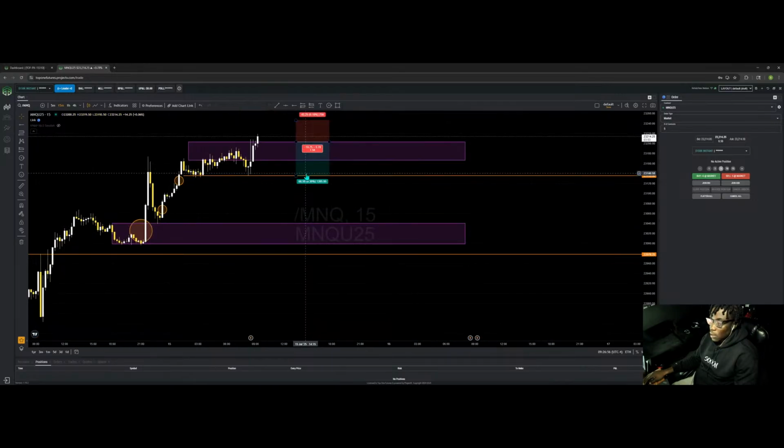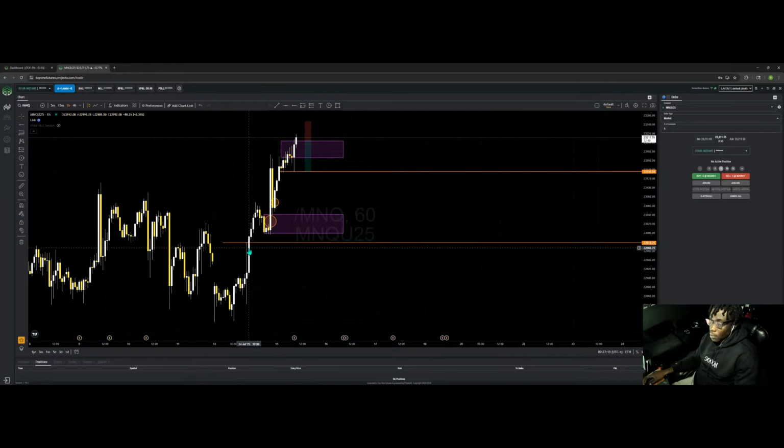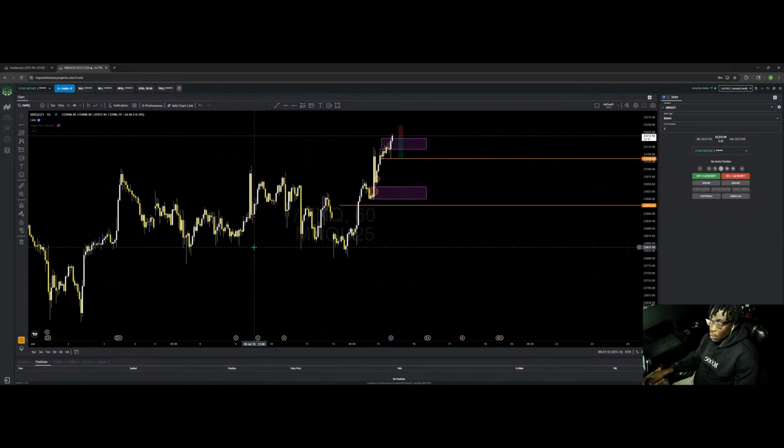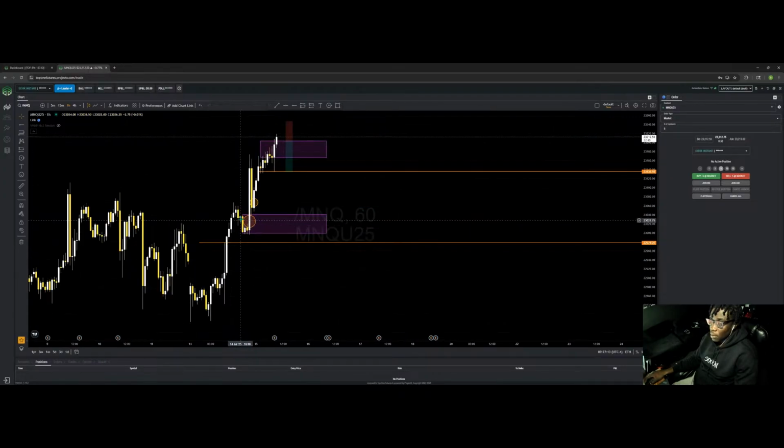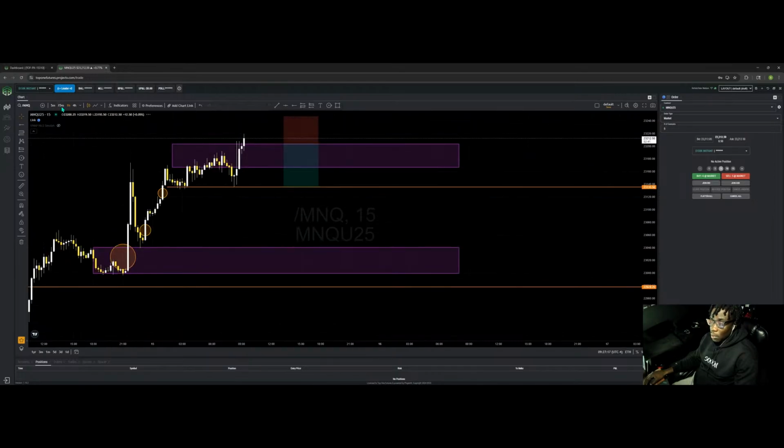So take a liquidity grab for 68. And then if you really wanted to look for buys, you could wait for the best price to hit on the hour. Yeah, you just wait for the best price to hit on the hour. Get in on a buy.